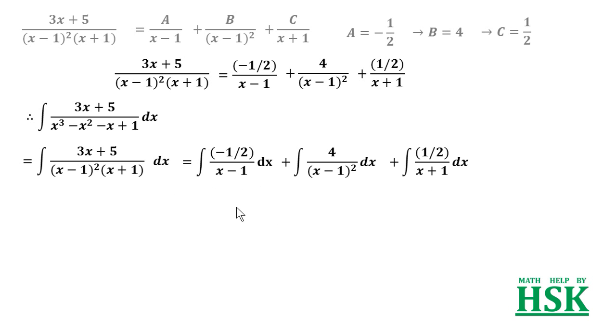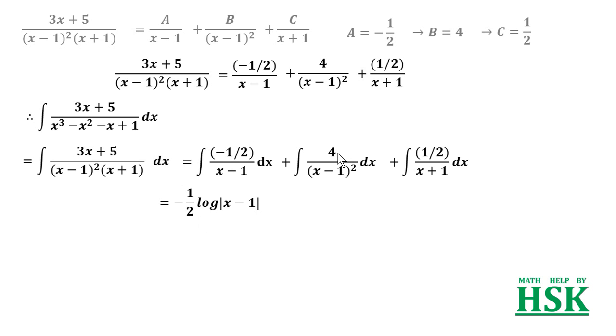Okay. So integration of minus 1 by 2 upon x minus 1. Minus 1 by 2 is a constant, so it would be written outside, and integration of 1 upon x minus 1 would be log of x minus 1. So I'm going to get minus 1 by 2 log of x minus 1.